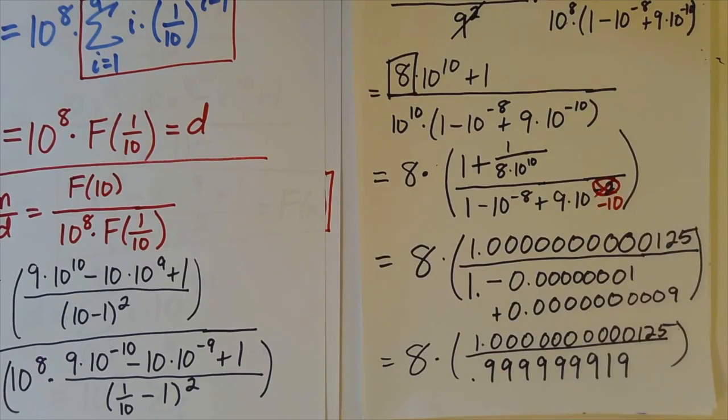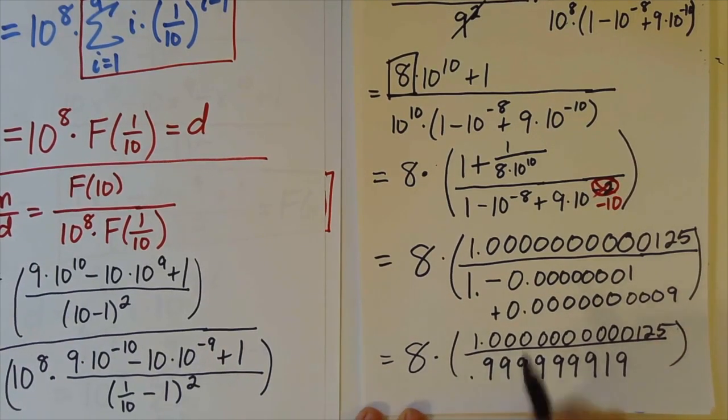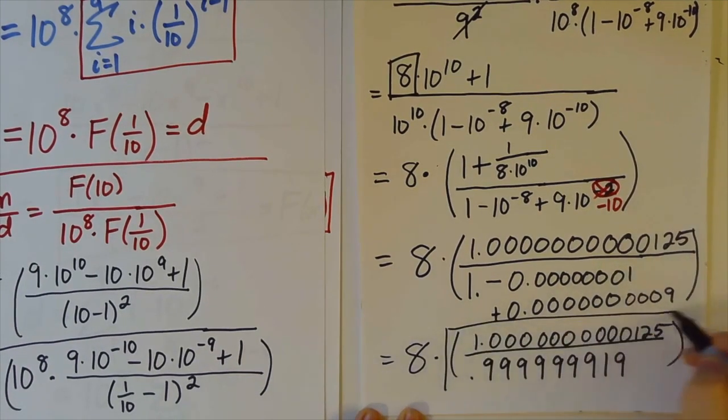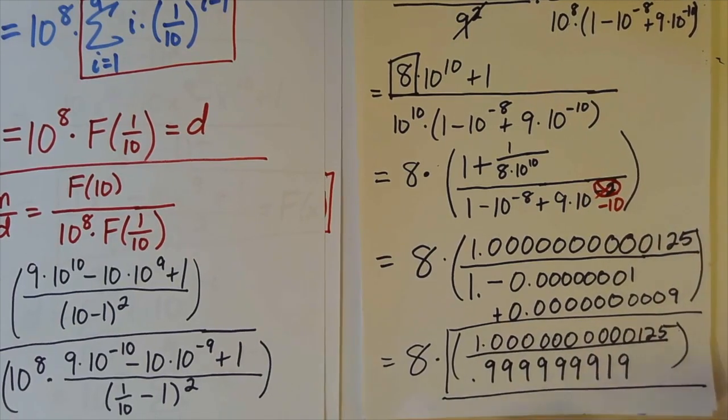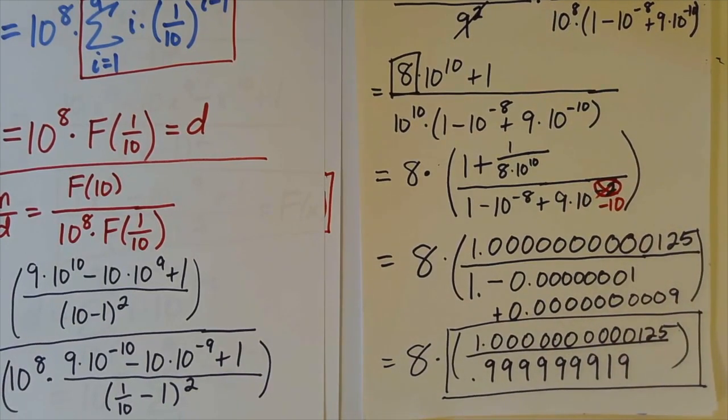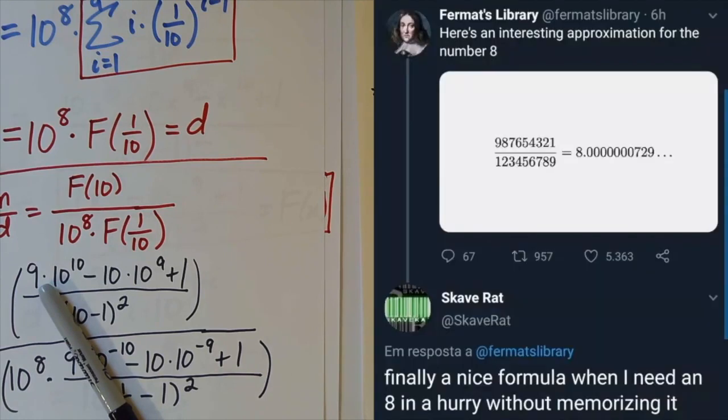So this number that we calculated, we have now shown is this. But this number, we know, is absurdly, absurdly close to being exactly 1. And in fact, you can even tell it's slightly bigger than 1, which again explains why it's not exactly 8.